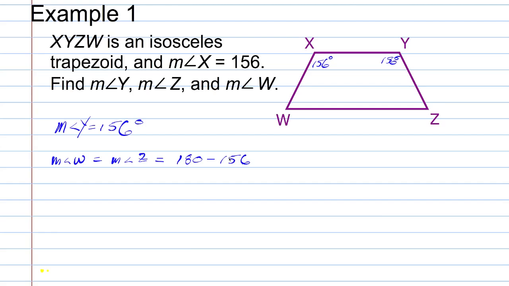Now the reason it's 180 minus 156, the angles that share a leg are supplementary because they're same side interior angles. So 180 minus 156 gives 24. So the measure of angle W and the measure of angle Z is 24 degrees. And here would be some work to justify that.